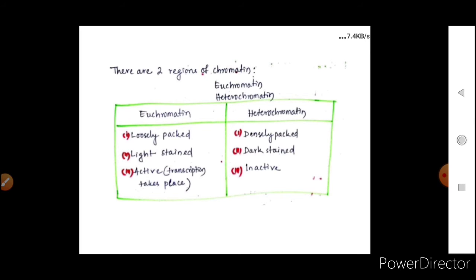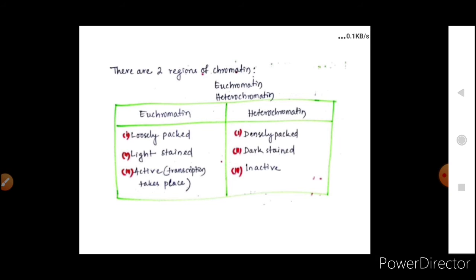You can take a common sense point that when it is loosely packed, more stain will be washed out because it is loosely packed. Okay, and when it is loosely packed, it has uncoiled itself for doing something, and that is the replication process or other things.